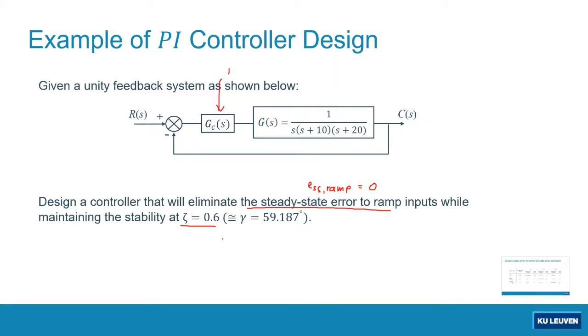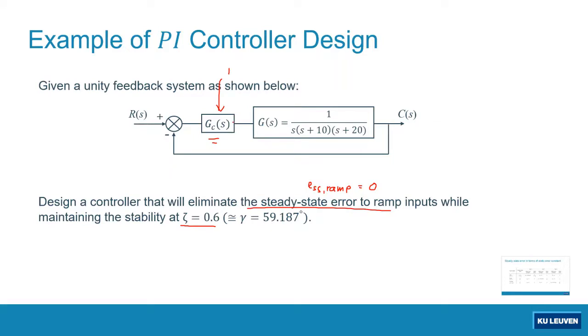let's take a bit more detail look at the steady state requirement. The steady state error due to the ramp input should be equal to 0. Before we design a PI controller, we haven't tuned the controller, so let's consider Gc simply equal to 1.